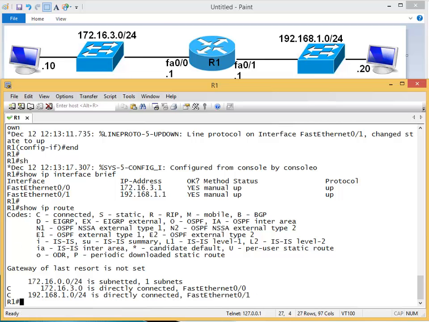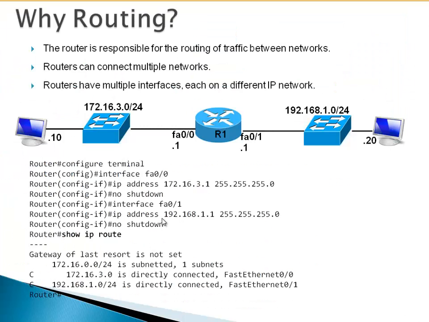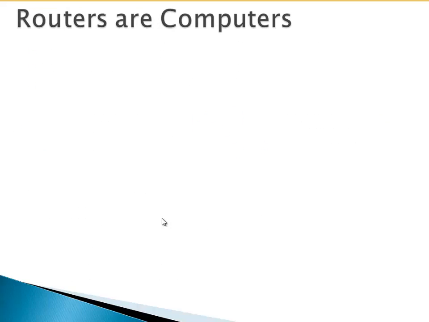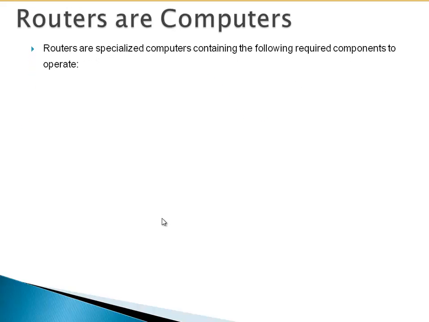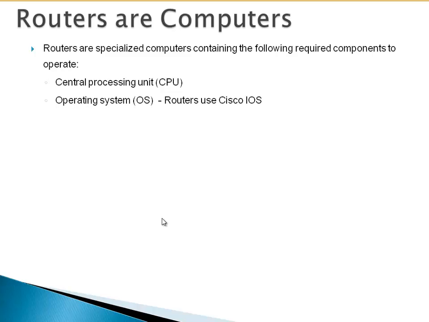Okay, now I'll go back to the slides, and we can see the same information. Now, routers are computers. Routers are specialized computers containing the following required components to operate. We have the central processing unit, or CPU. They need that to operate. They need the operating system. In the Cisco world, we call it IOS, or Internetwork Operating System.